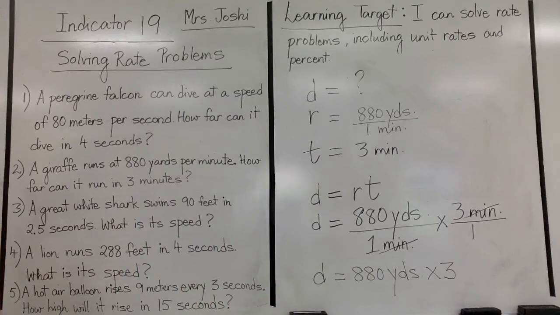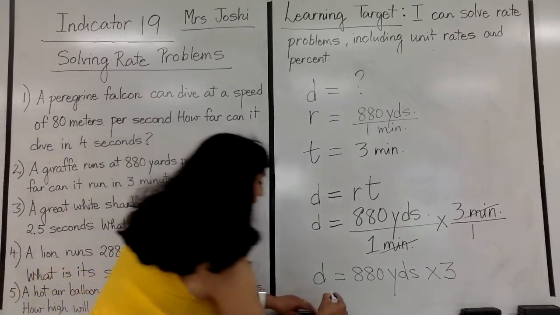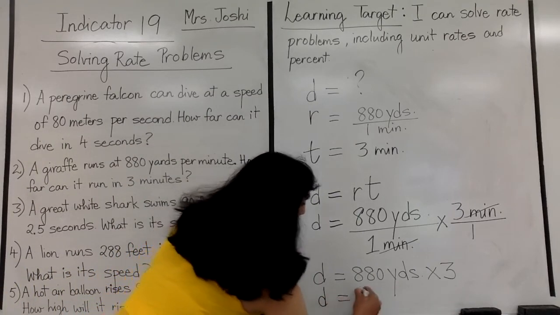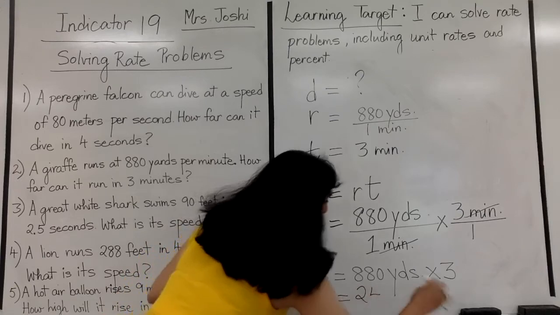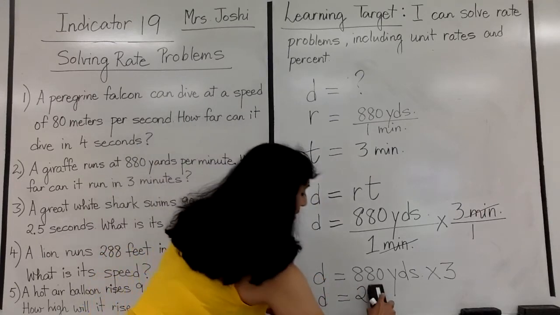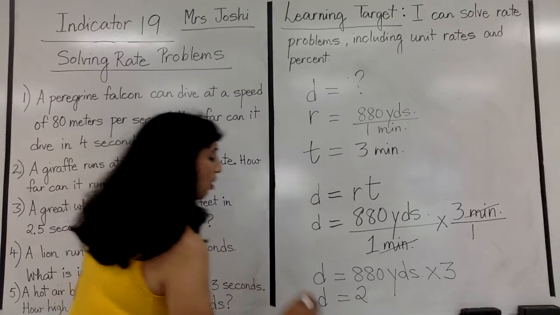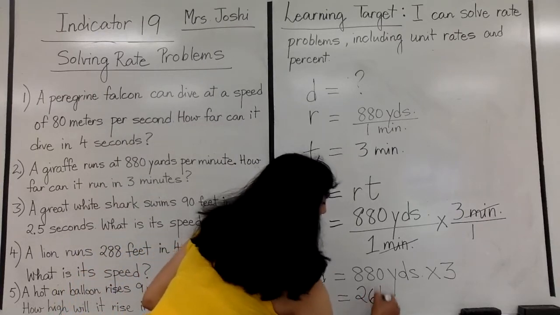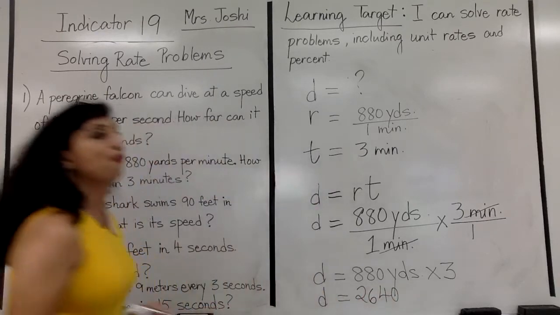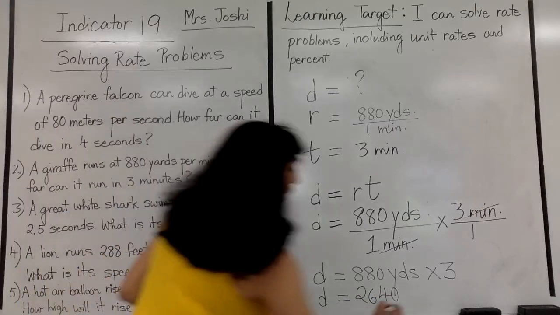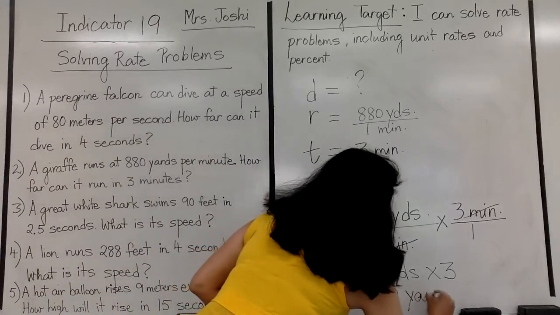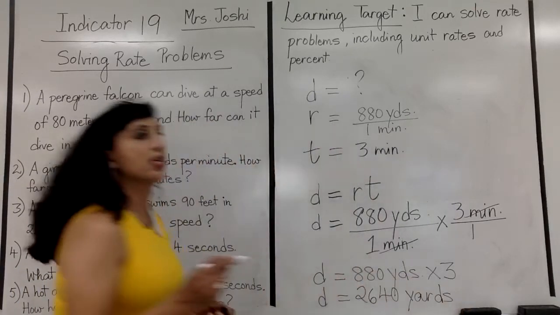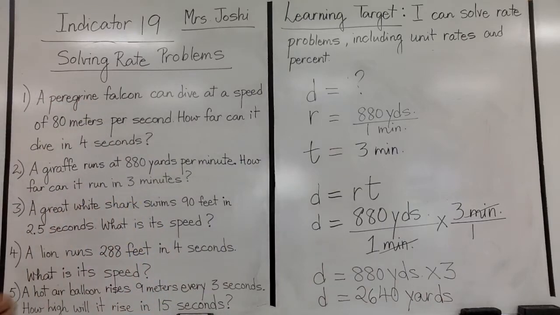And when I do 880 times 3, my distance is 2,640. I'm just thinking of the math in my head, but you all please do it, okay? 2,640 yards is the distance traveled by this giraffe in 3 minutes.